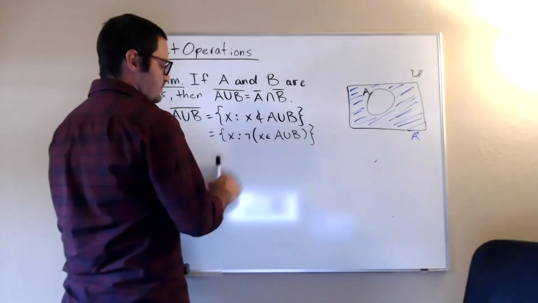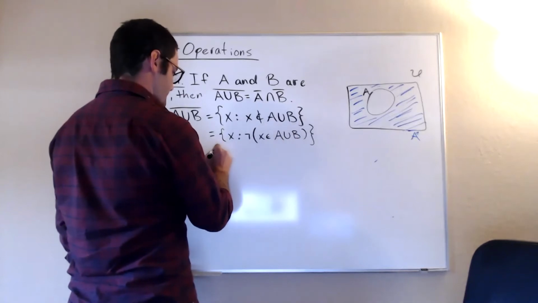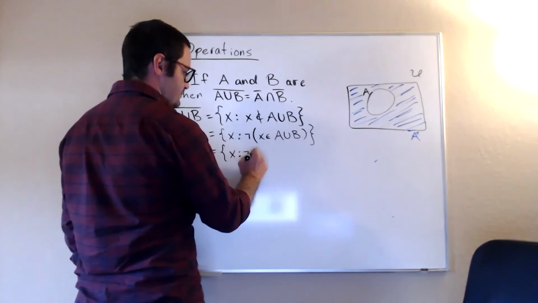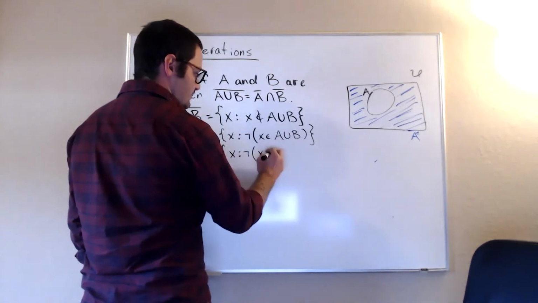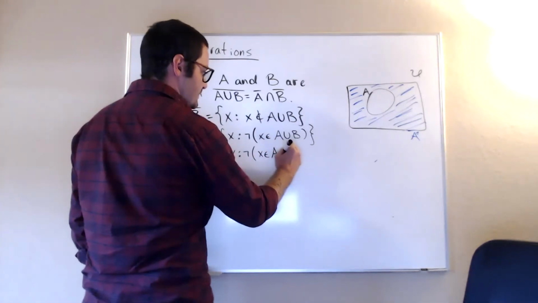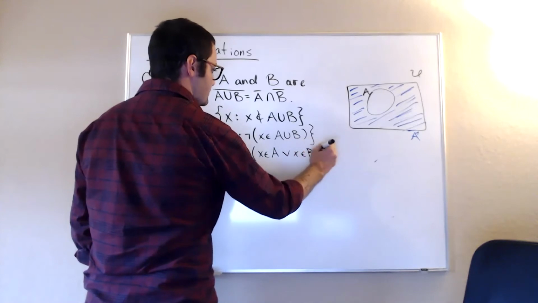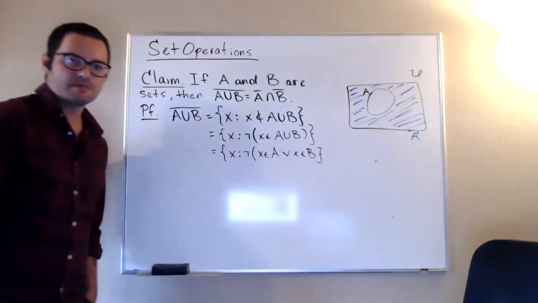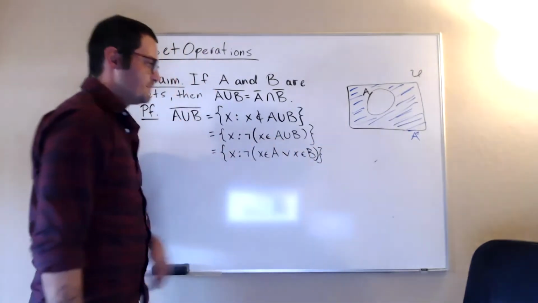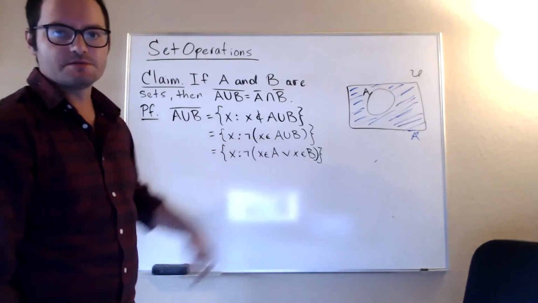Okay? But now, what we can do, if x is in the union, then x has to be in one of the sets. Or another way of saying that is that x is an element of A, or x is an element of B. This is the definition of being in the union.